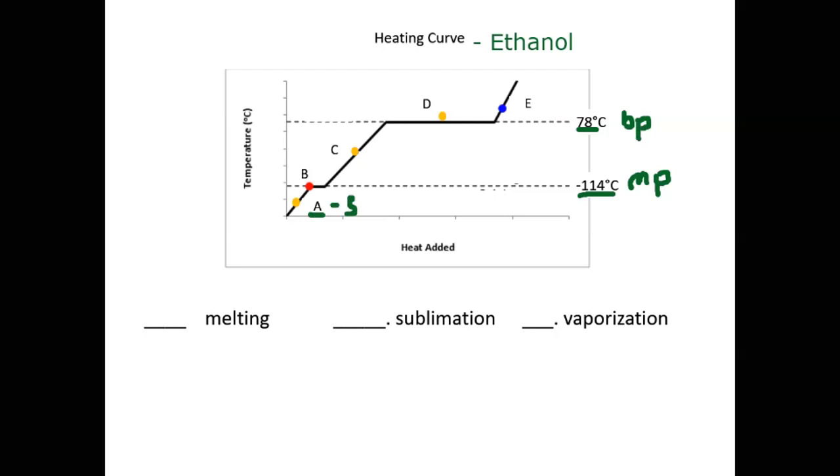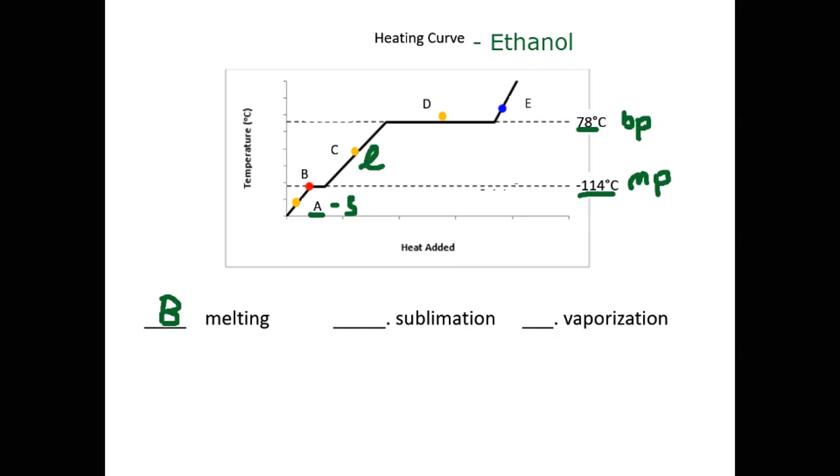And at the melting point, which is B, we go from a solid to a liquid. And then when it becomes all liquid, as you add more heat, the liquid increases in temperature until it gets to the boiling point. So at point C, it's in the liquid phase.